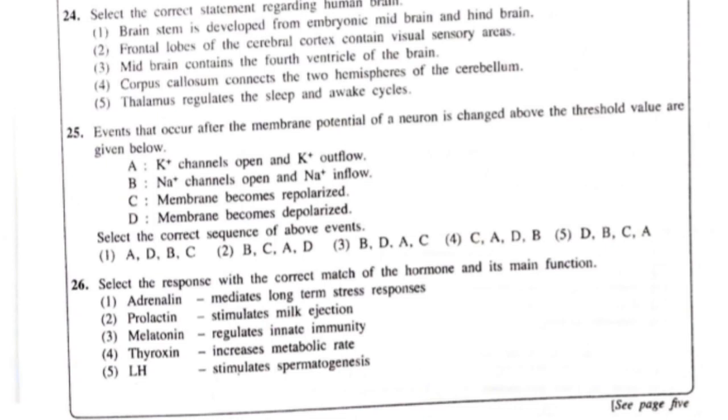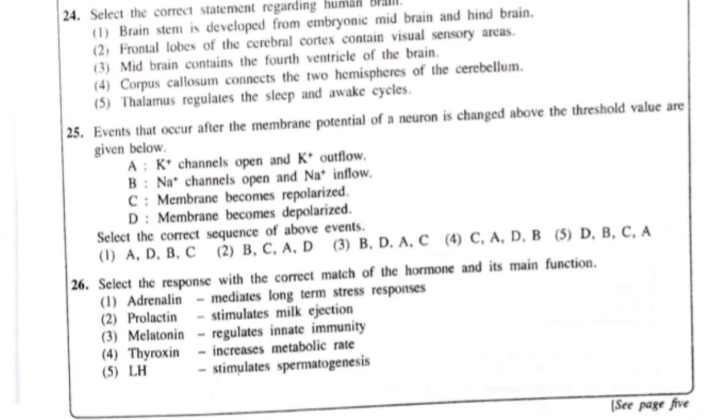Milk ejection is stimulated by oxytocin. Then the third statement is about melatonin. This is wrong. It does not regulate innate immunity. Fourth statement says thyroxine increases the metabolic rate. That is correct. Fifth statement, LH does not stimulate spermatogenesis.